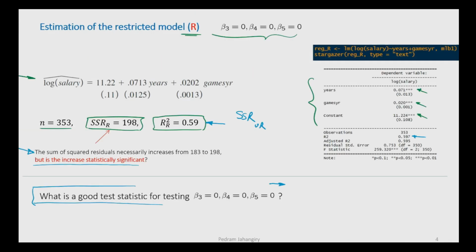So we know that SSR unrestricted is less than SSR restricted, and you're interested to see if the distance between the two is significant or not. So let's say I come up with a statistic. We don't have a name for that yet. So let's look at the difference between the two, SSR restricted minus SSR unrestricted.